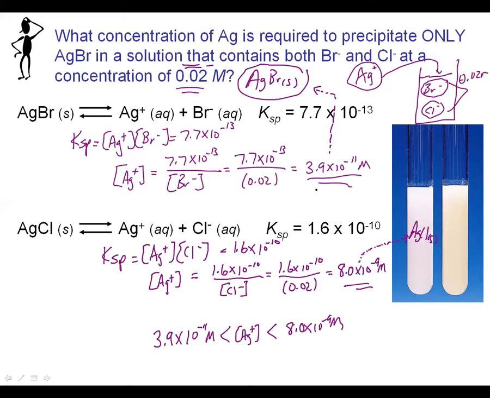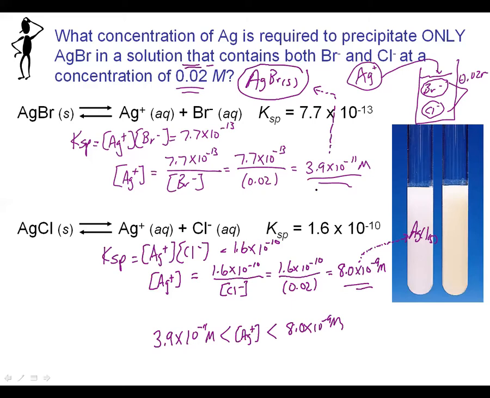And by doing that process, you have now selectively precipitated out each ion separately from each other. You can look at each of those white solids and be very confident that the first batch was the silver bromide that came out, and the second batch, after you stop seeing the solid come out, would be silver chloride. Any questions on using KSP to selectively precipitate?